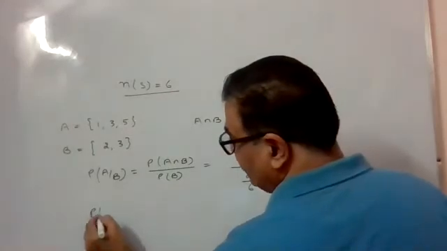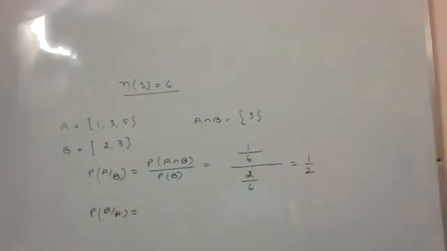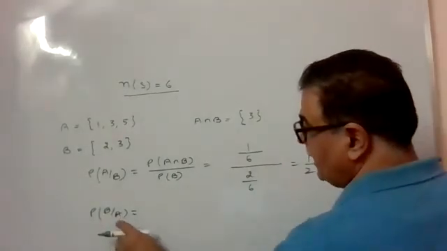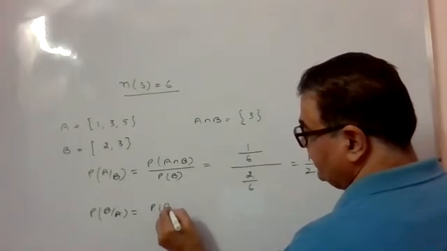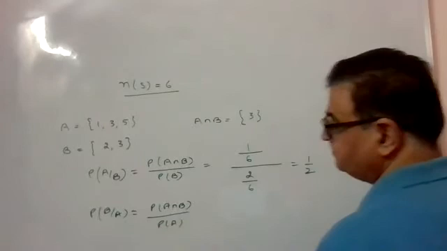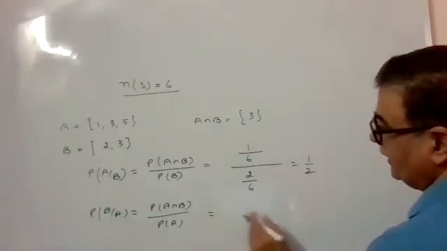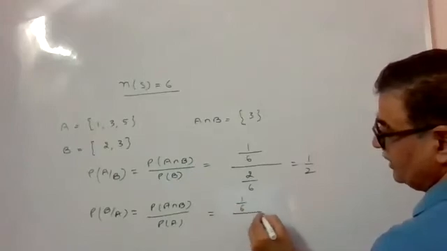If I say you write down P(B|A), please do it now. P(B|A). Formula is again P(A intersection B) by P(A) will come this time. So 1 by 6 ऊपर तो आएगा, इसको तो चेंज कर नहीं सकते.